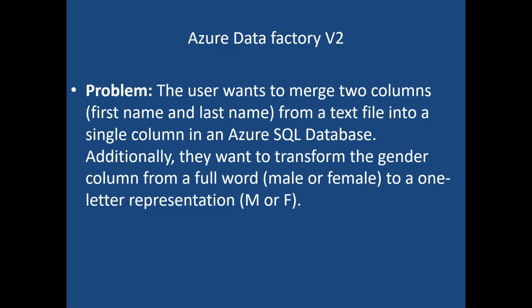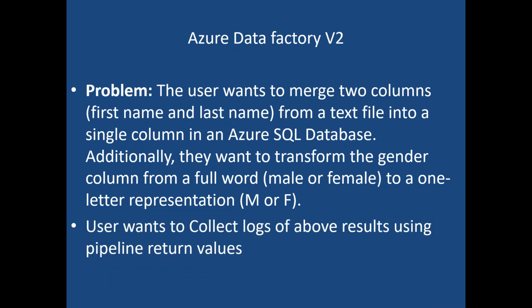Once we have done this using the single copy activity, the next thing I want to do is take whatever records I have read and copied into the target, all the details, from the copy activity and return them to my master pipeline. Because the pipeline where this copy activity is used is the child pipeline. The child pipeline does the copy activity to copy all the required details we discussed: first name and last name merged and loaded into the full name column, and gender loaded as M for male and F for female into the SQL database.